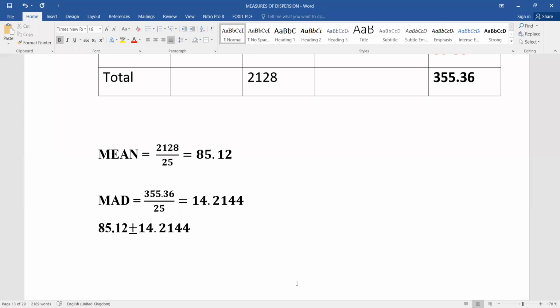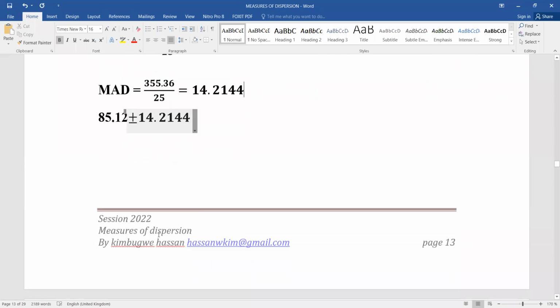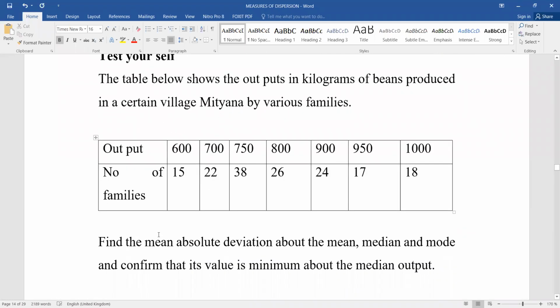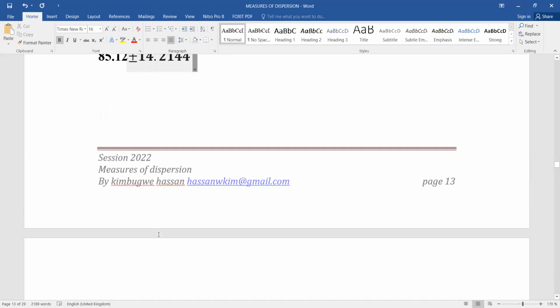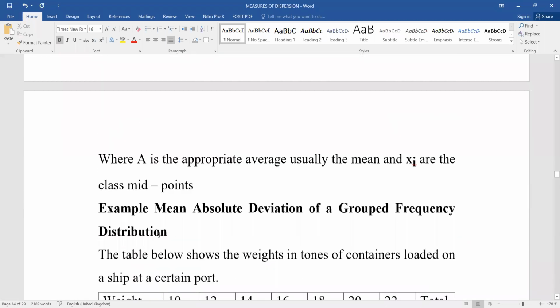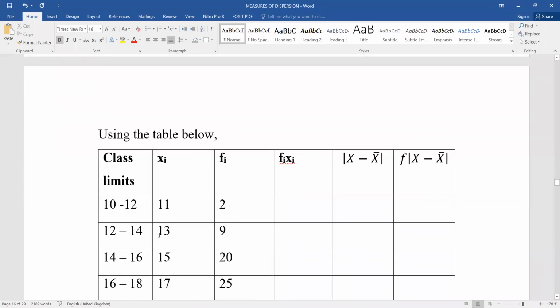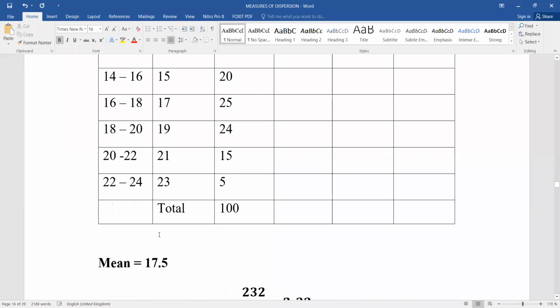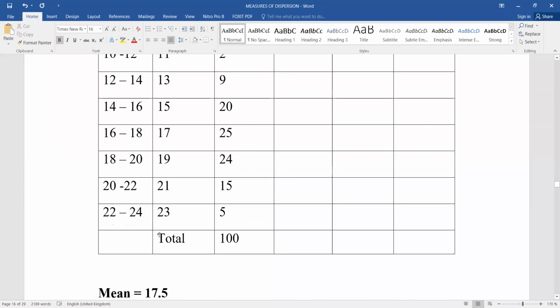Where are you getting 99.334? So you'll test yourself. Do you need another example for mean absolute deviation? You just leave the plus or minus like that.